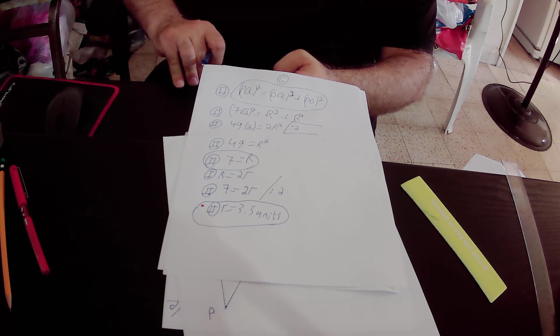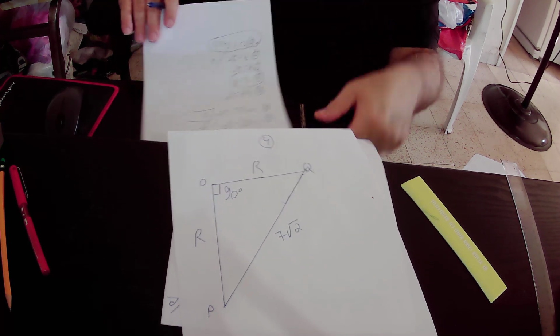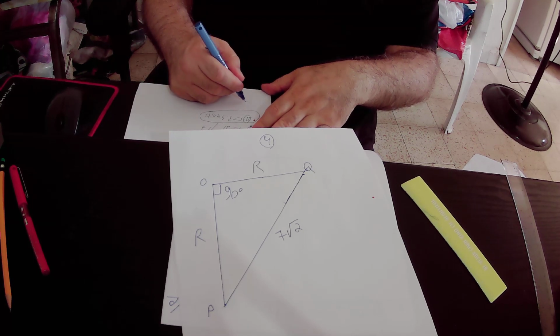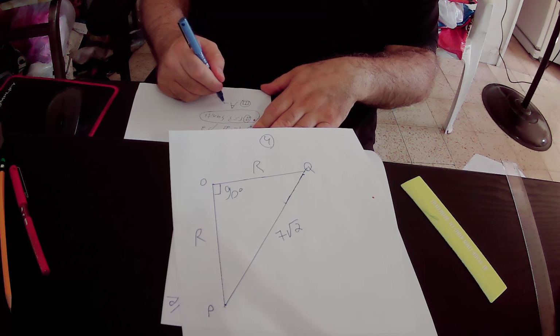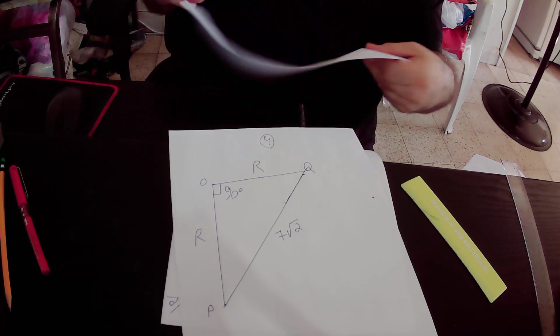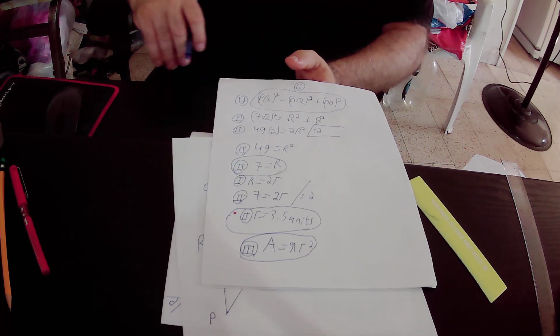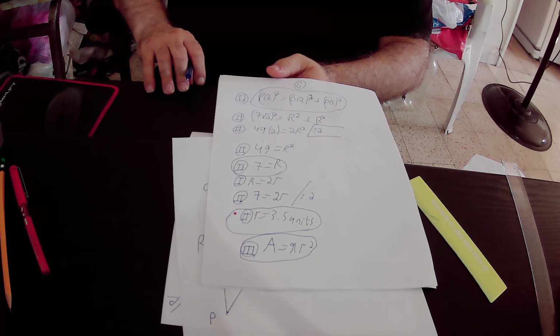According to the formula for the area of any circle, the formula for the area of a circle is A, the area, equals pi times r squared.